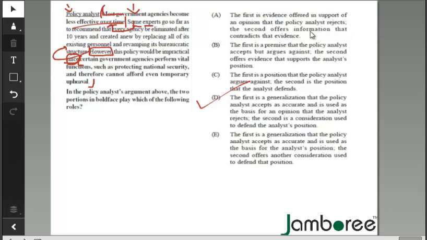It sounds like a legal document. The second offers information that contradicts that, and it also sounds like a legal document. That's why everybody gets scared of Boldface. The answer options are way too technical and sound like some legislature.